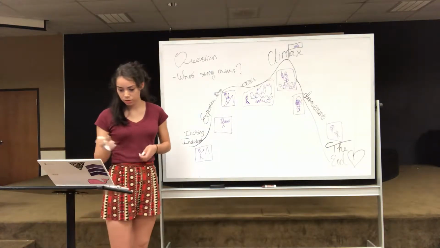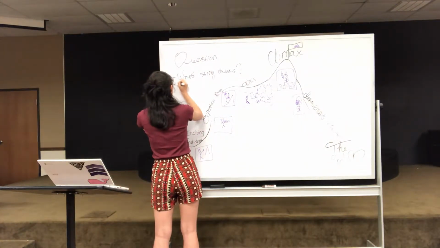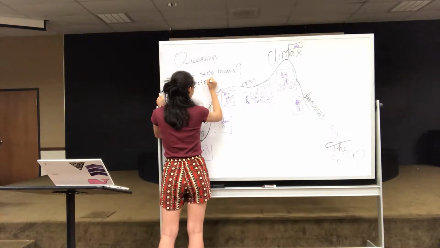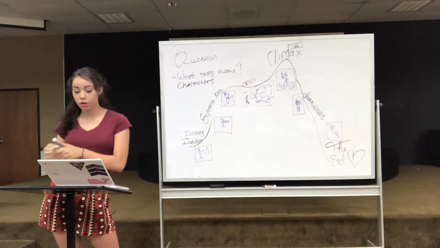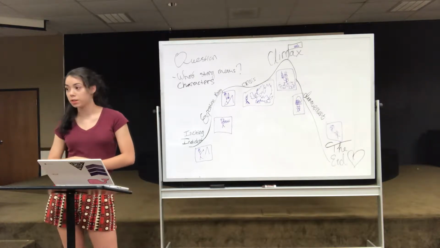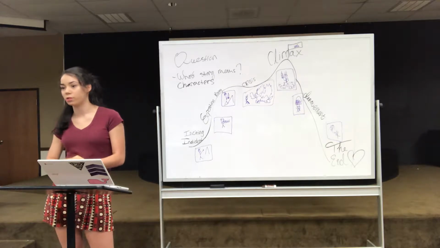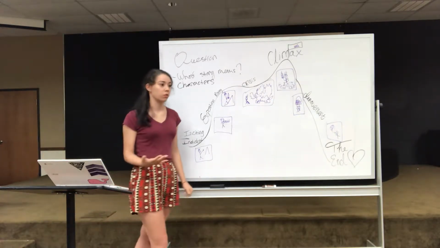Then next, you need to see what characters are important, and what show the theme that I want. So characters is something that's going to be really hard for you to decide, or at least it's always been really hard for me to decide what characters I want.